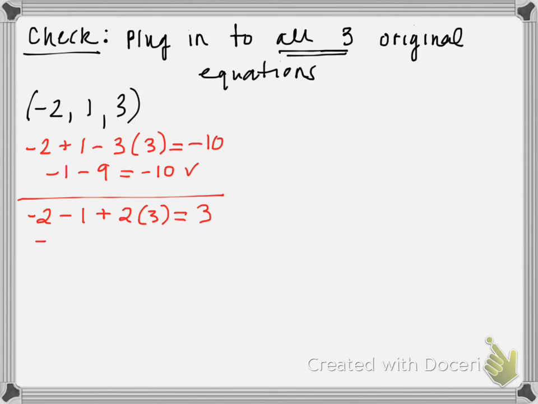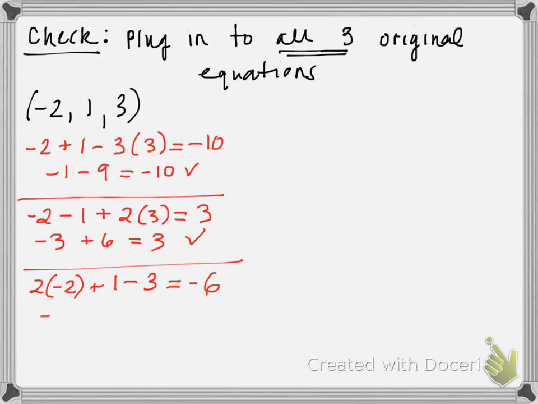Okay, so here we get negative 2 minus 1 is negative 3 plus 6. Yes, that is 3. And then for the last one, 2x plus y minus z equals negative 6. I'm doing 2 times negative 2 plus 1 minus 3 is equal to negative 6. So I get negative 4 plus 1 minus 3, which is negative 4 plus 1 is negative 3 minus 3. That is negative 6. So my work all checks out, and I am done with this problem.